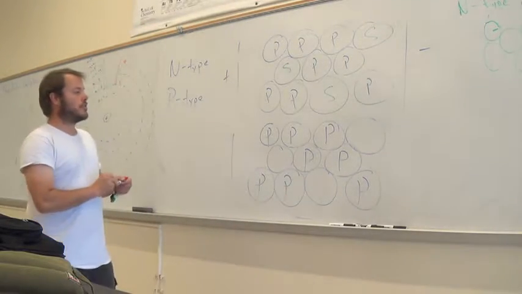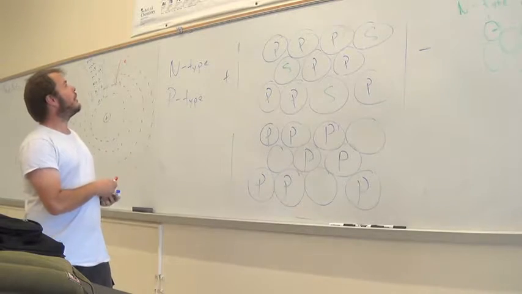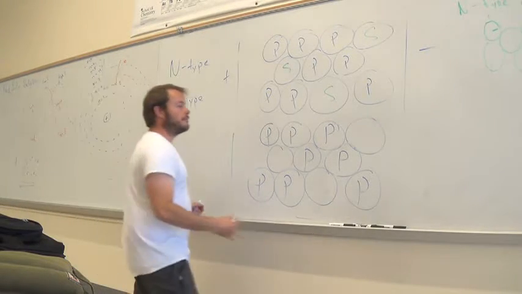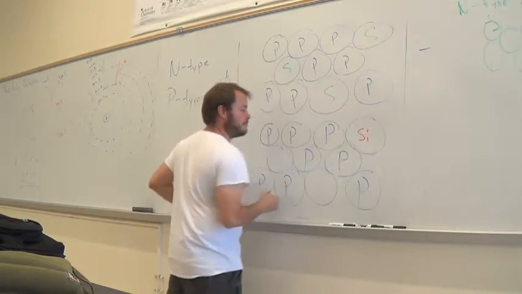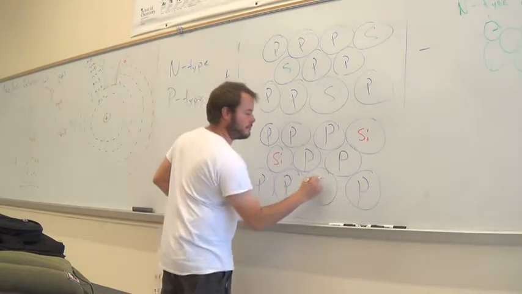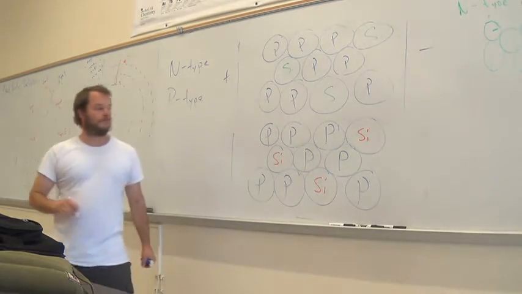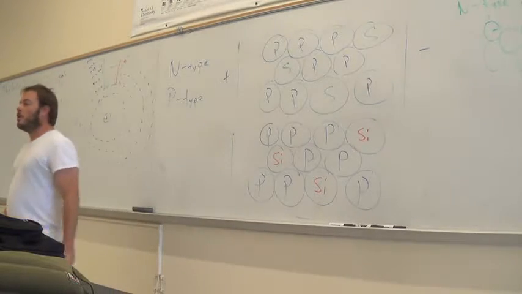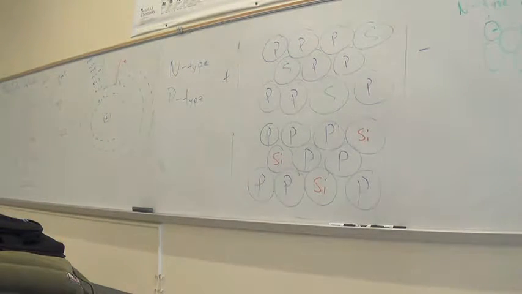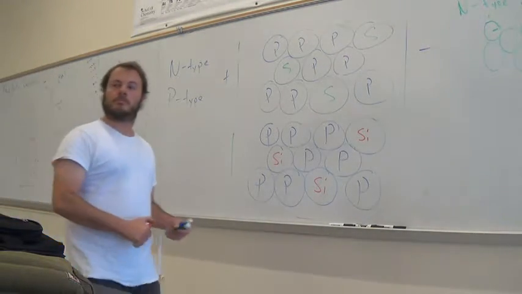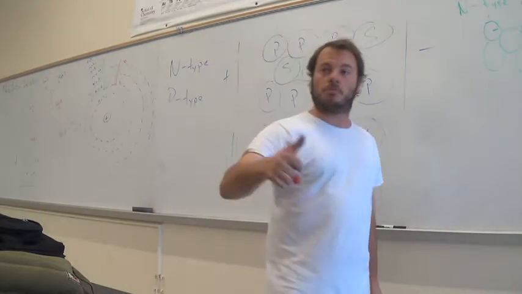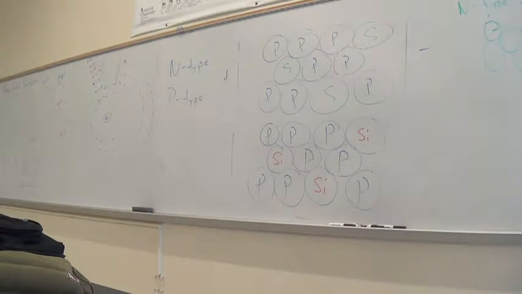Now, we're going to dope this with silicon. Silicon has how many valence electrons? 4. It has 1 fewer valence electron than does the phosphorus.